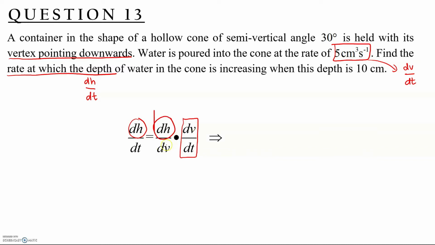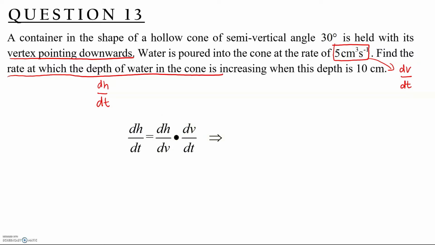So we are left with dV here. So now our job is to find out what is our dH over dV. To find out dH over dV, we need to use the volume formula. Okay, so the volume for the cone is 1 over 3 pi r squared h.